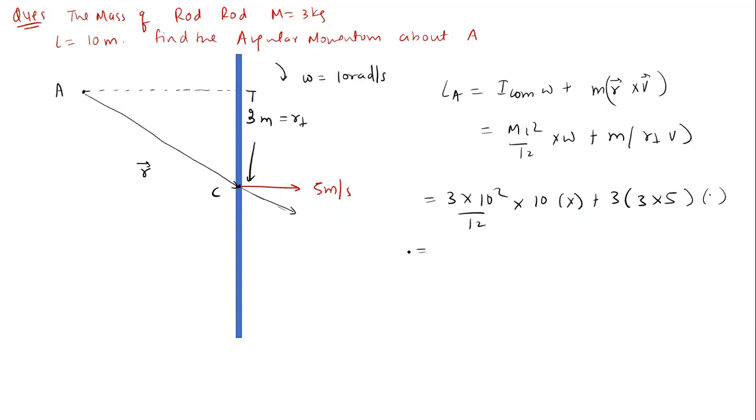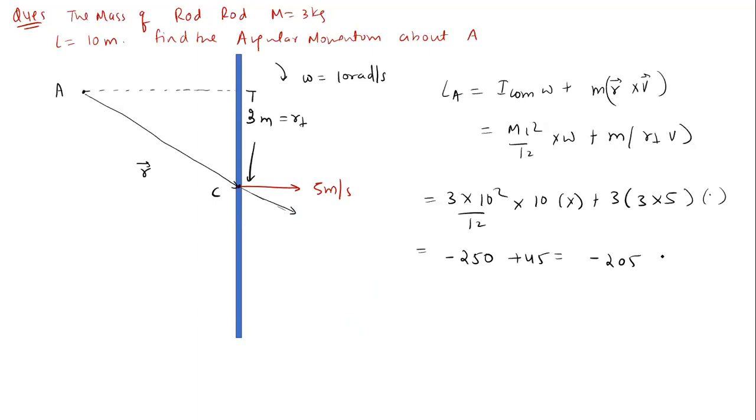So what answer are we getting here? 3 into 10 square into 10 divided by 12, that is 250, minus, and this will be how much? 15 into 3, 45, plus 45. So 250 minus 45 means minus 205. I think this is the answer.